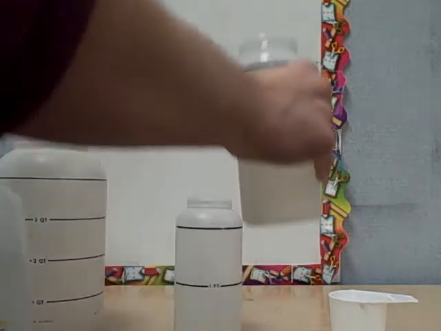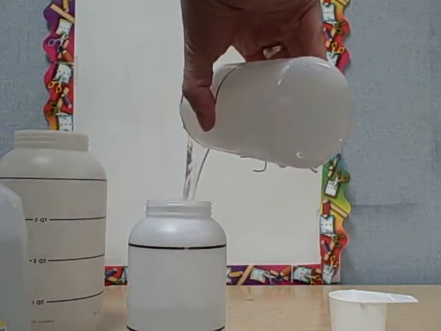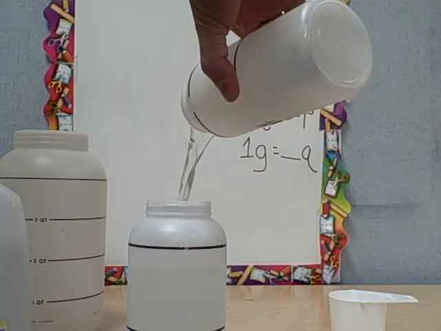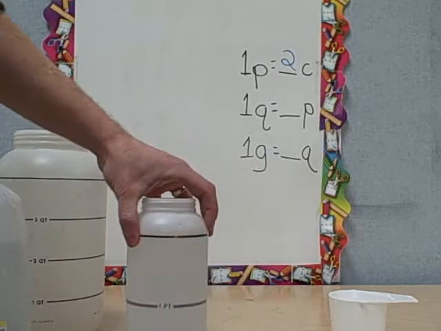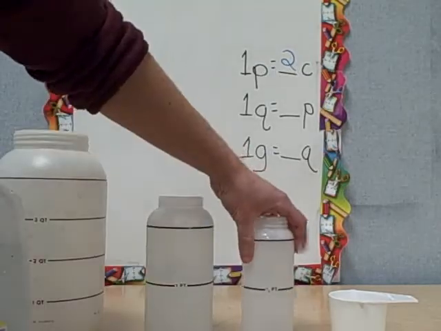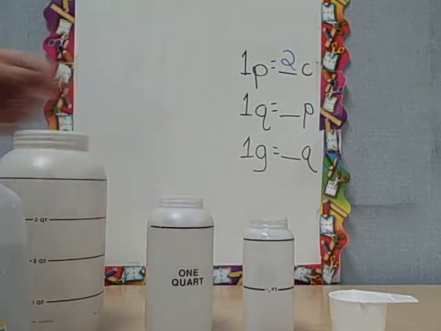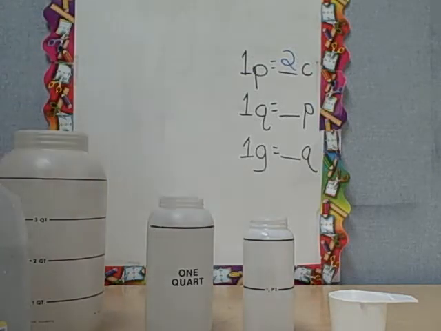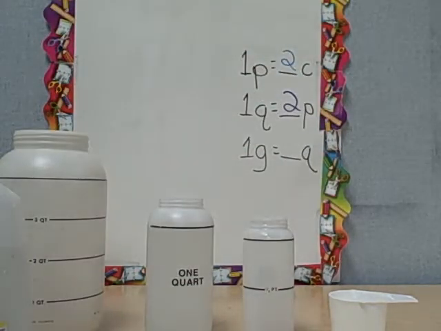And you can probably guess what's going to happen next. It goes all the way up to the 1 quart sign. So how many pints did I pour in to fill my quart? 2. 2 pints equals 1 quart.